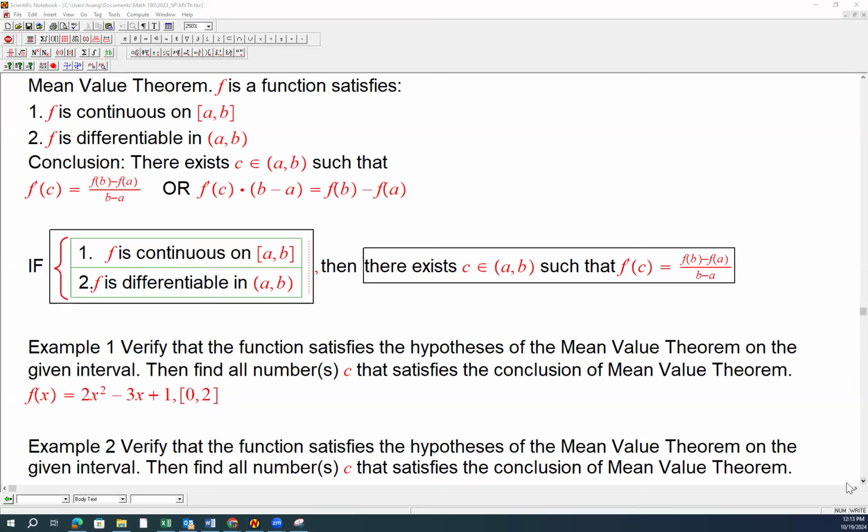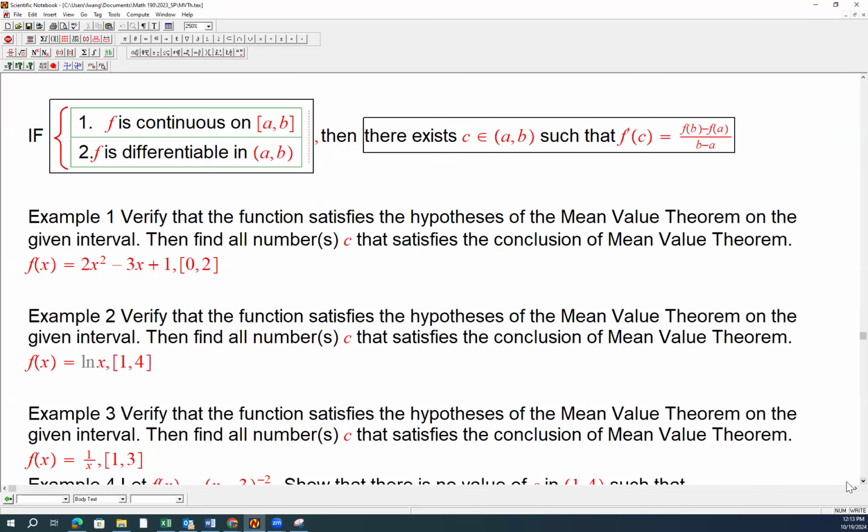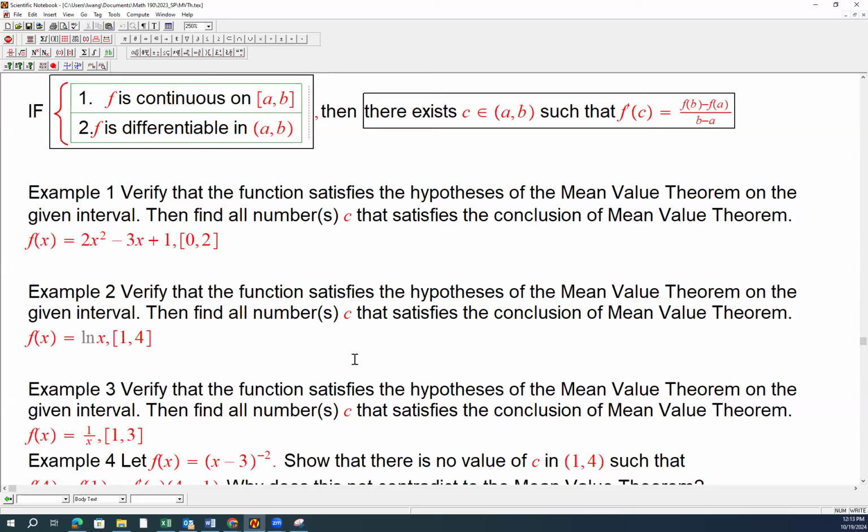Okay, so we're going to apply the theorem to the 5 examples I prepared here. So let's look at the first one. The first one is a polynomial on a closed interval.